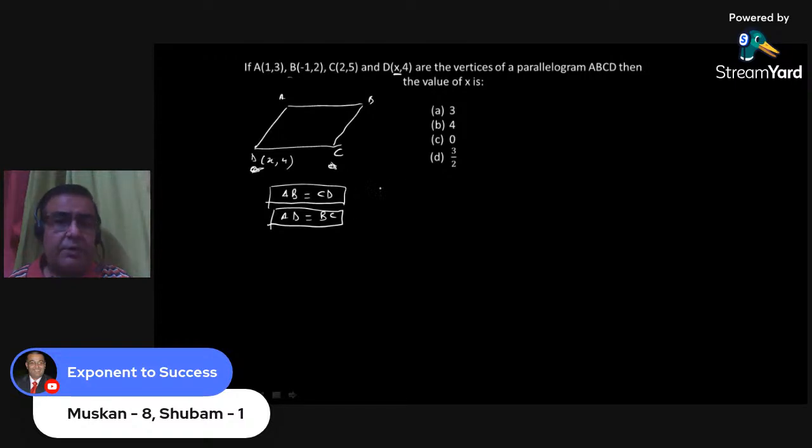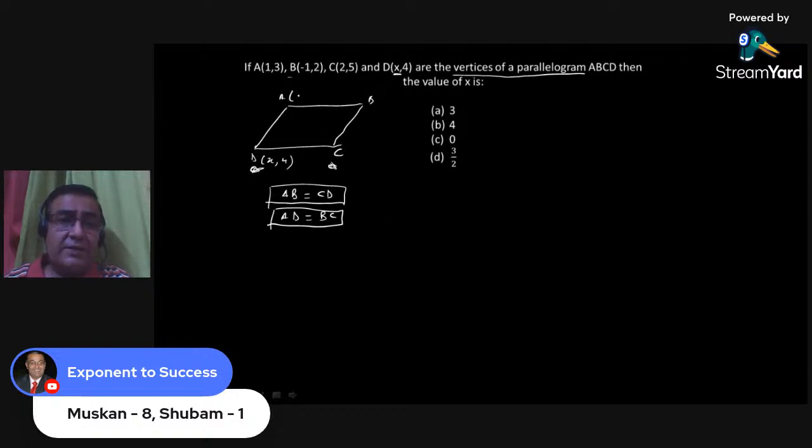Okay, let's see what AB is equal to CD will give us. Why are we sure that AB is equal to CD? Because they have said that these are the vertices of a parallelogram, so the distance AB should be equal to the distance CD.